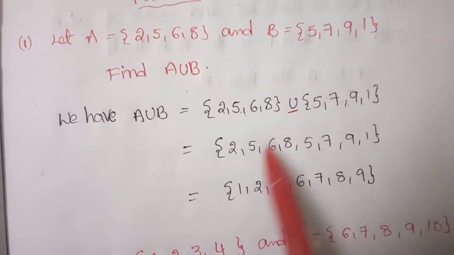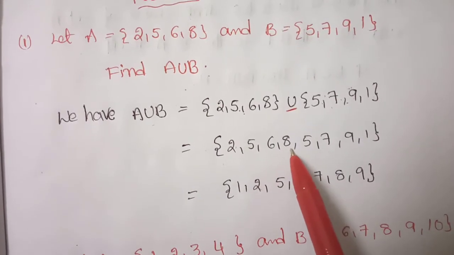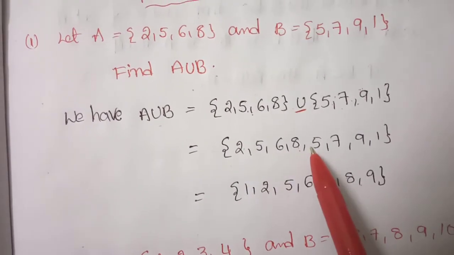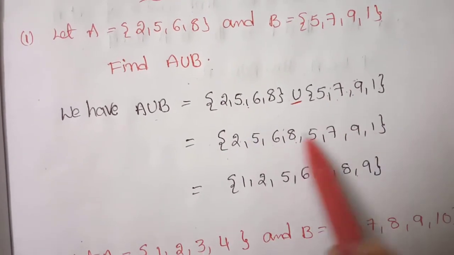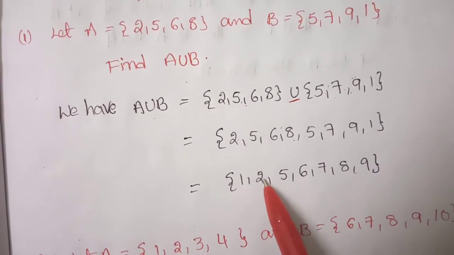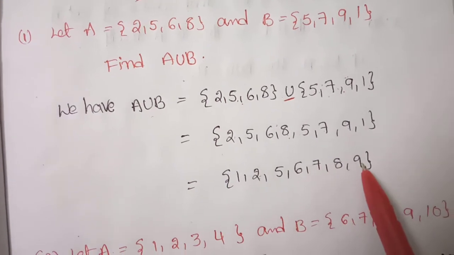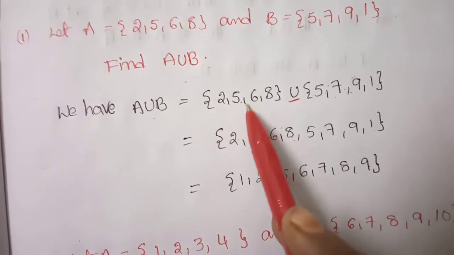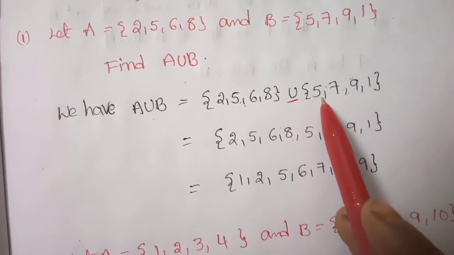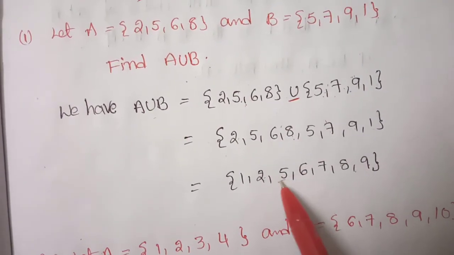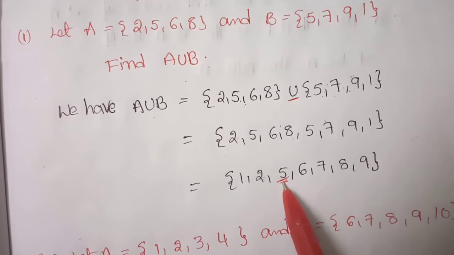Union means the elements in the A set or the B set: 1, 2, 5, 6, 7, 8, 9. If 5 is in the A set and also in the B set, it comes only one time.